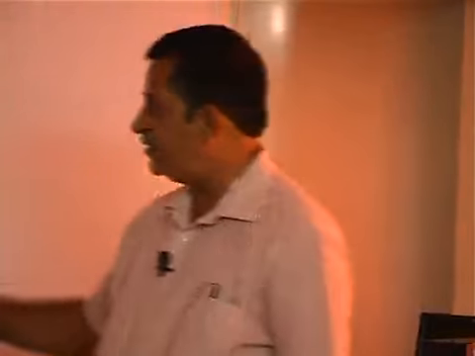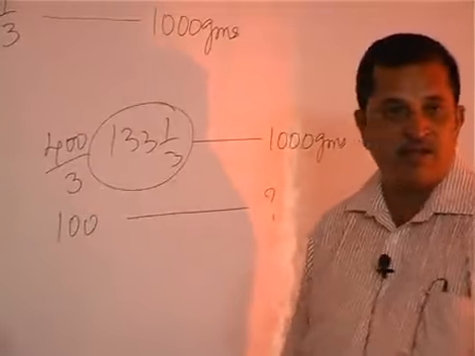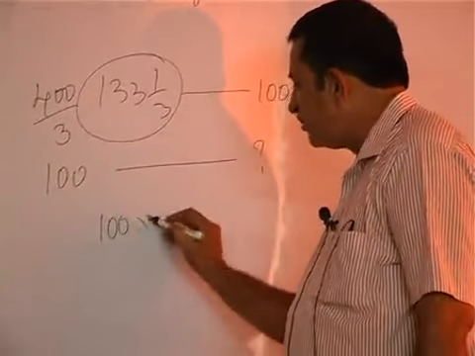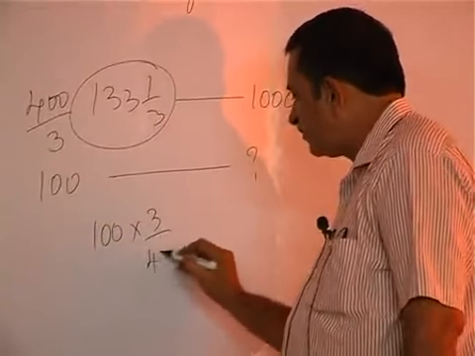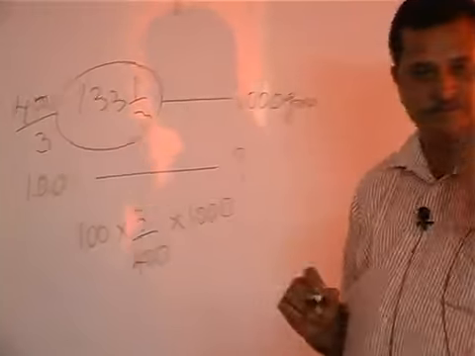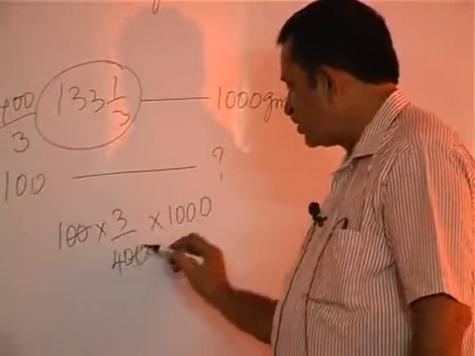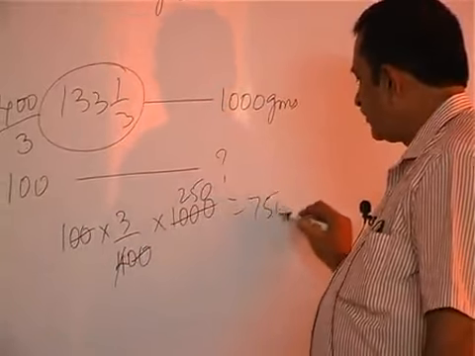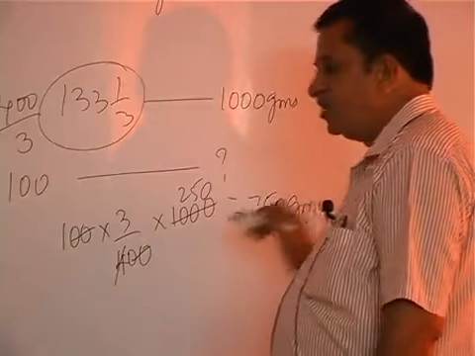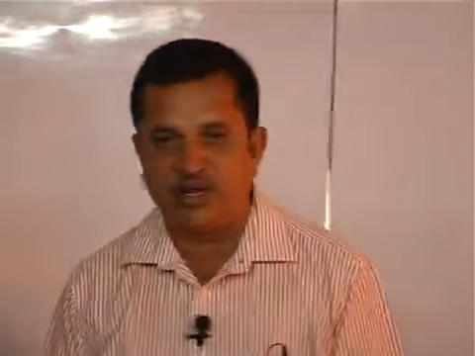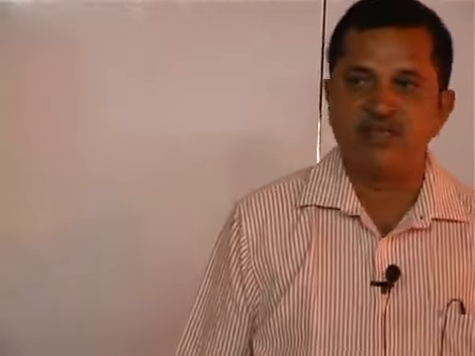It will be compared with 400 by 3, the value of 100 will be less. Less by more, 100 into 3 by 400 into 1000. 2 zeros, 2 zeros, 4 250s. 250 into 3 means 750 grams. So, the weight he substituted for a kilogram is 750 grams.